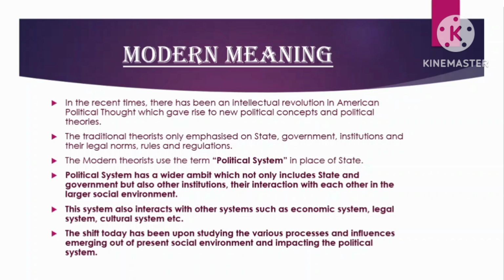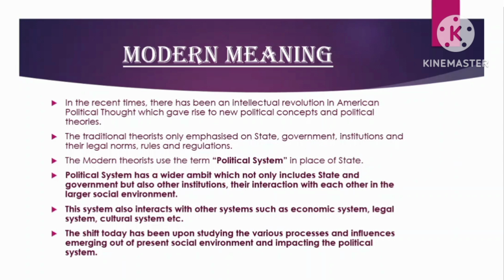But today, that view has changed. Why? Because today, the modern theorists have substituted the term political system in place of the state. Why do they use the term political system? Because political system has a wider ambit, a wider scope. It not only covers the state and government, but also other institutions and associations existing within the state, which impact and influence the working of the state as well as government.